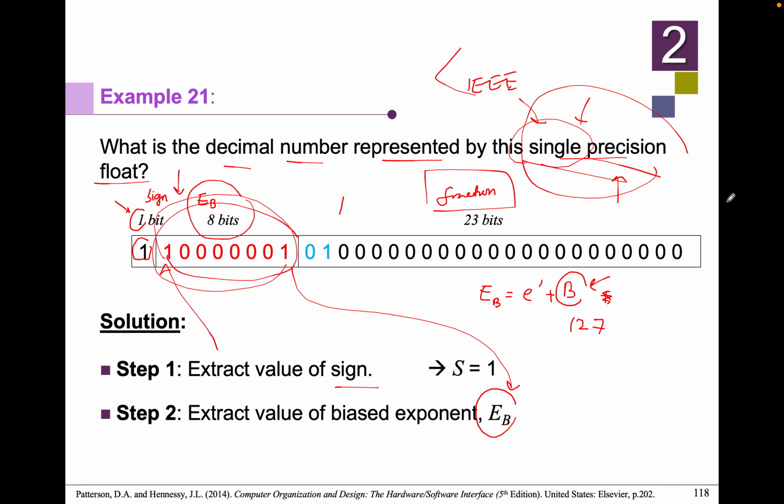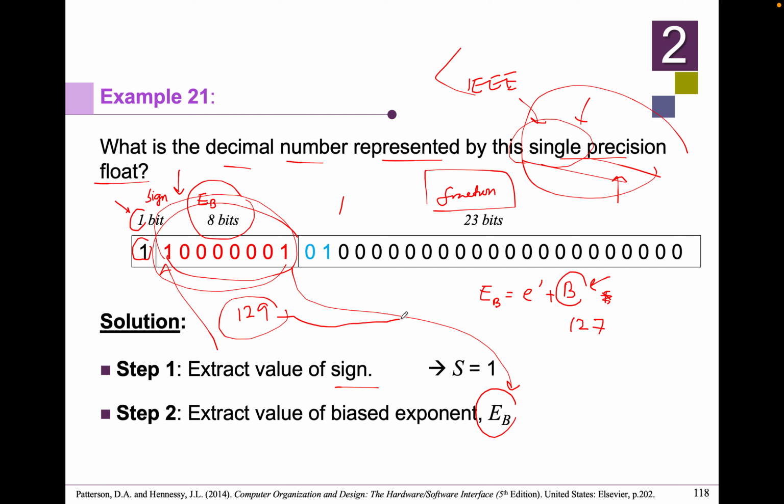Binary to decimal: 1 0 0 0 0 0 0 1. When I convert to decimal, I get 129. So I get 129 for my decimal.